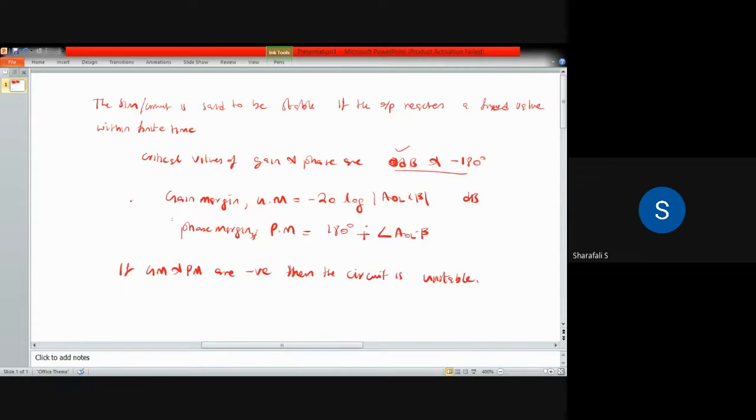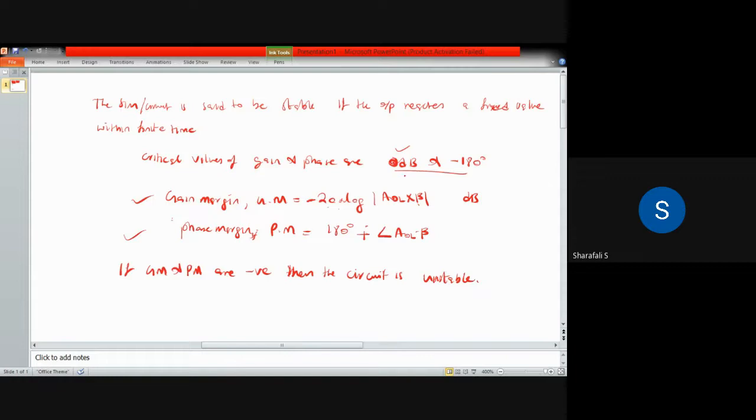If you calculate this gain margin, similarly the phase margin, you have to take the product of AOL and beta of your circuit and find the log of that term, times 20.